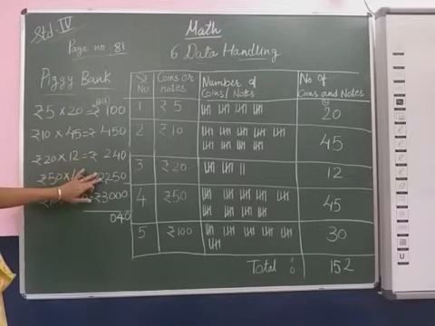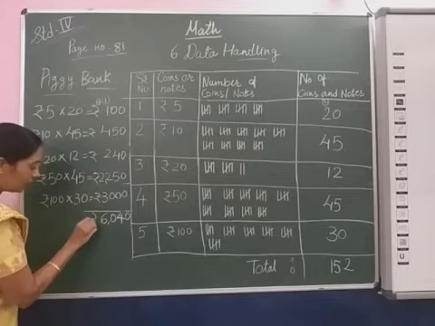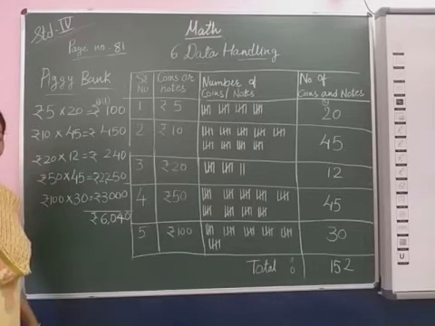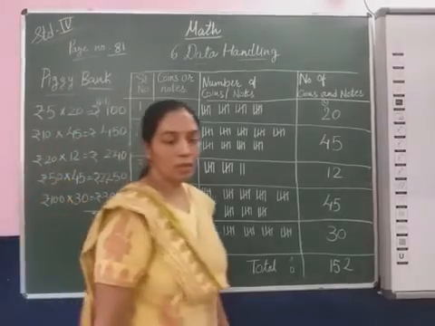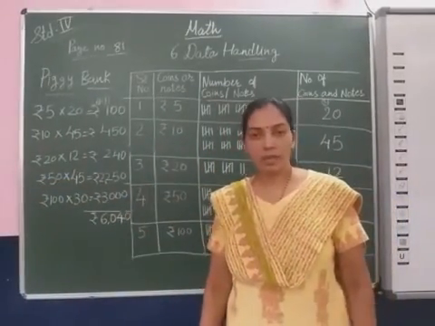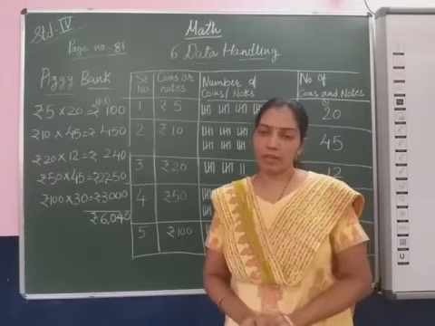So 1 plus 2, 3, 3 plus 3, 6. And write the symbol of rupees. So the total amount he saved and gave to his father is rupees 6,040.